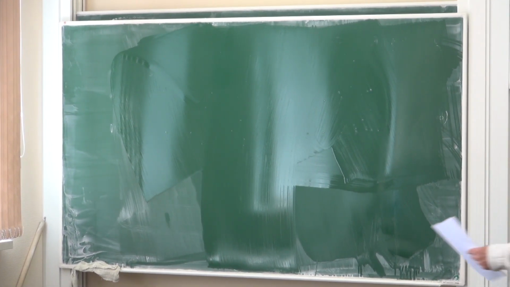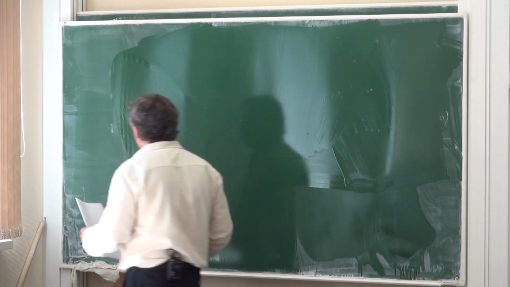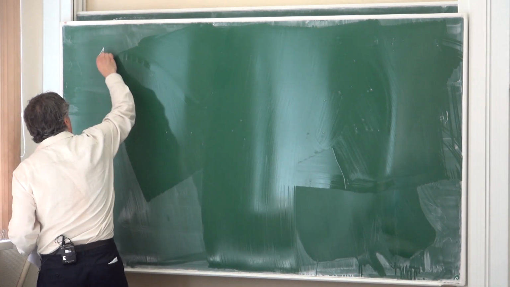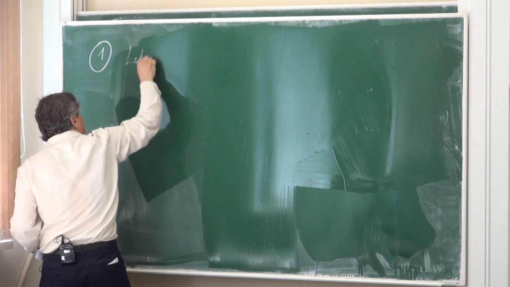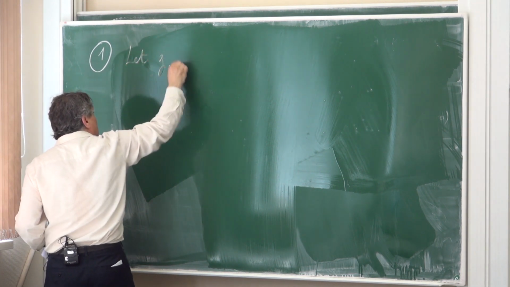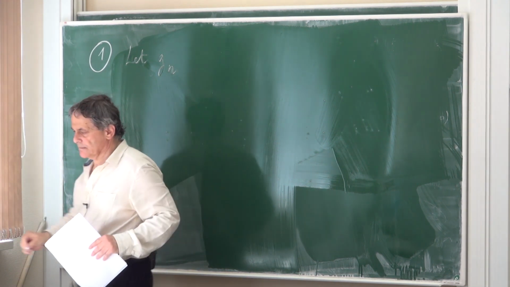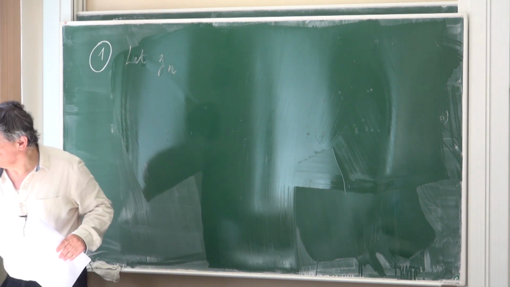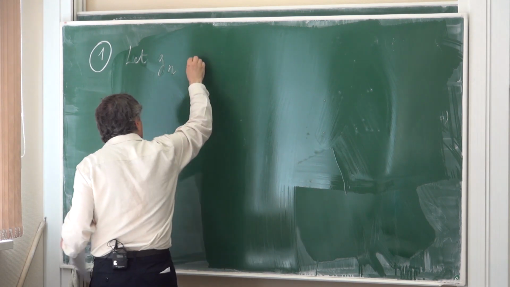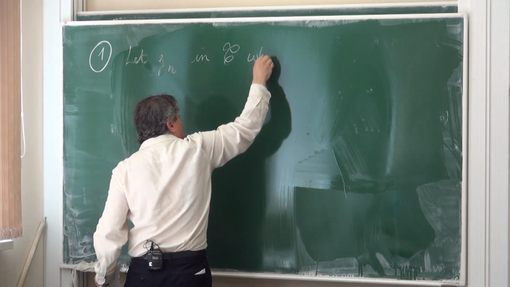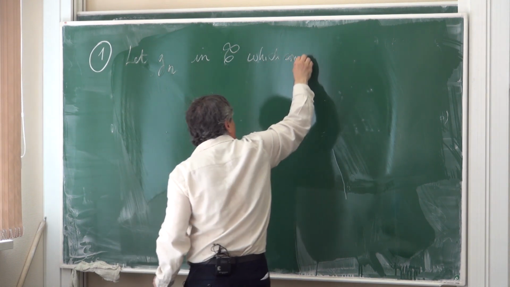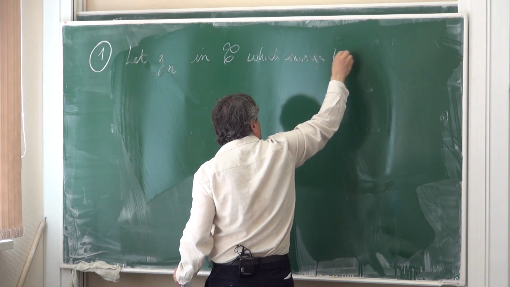So the first result is that, okay, let Gn be a sequence in Teichmüller space which converges to infinity.